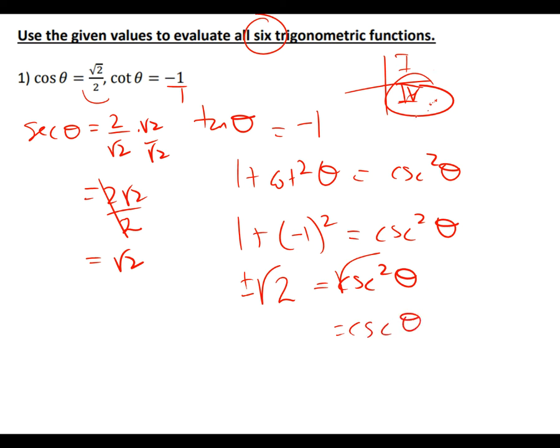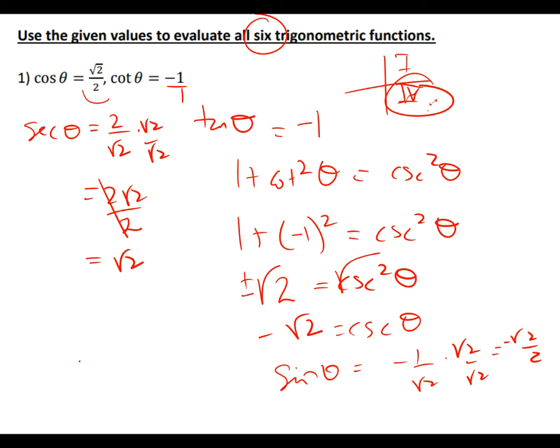In quadrant 4, is cosecant supposed to be positive or negative? Negative. So it's negative square root of 2, that is cosecant. What do I get from cosecant? Sine, and we have to flip the reciprocal, so 1 over negative square root of 2. We have negative square root of 2 over 2.